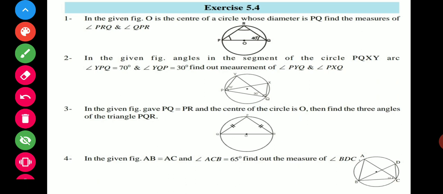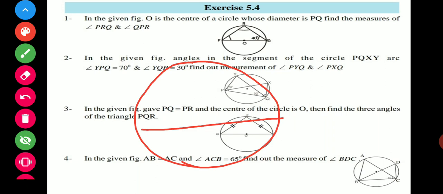QPR. So first of all, it's a very small figure, so I want to draw a large figure like this. And this is a semicircle. This passes through center O, and here is PQR. Here is P, Q, and R. R is the upper part.